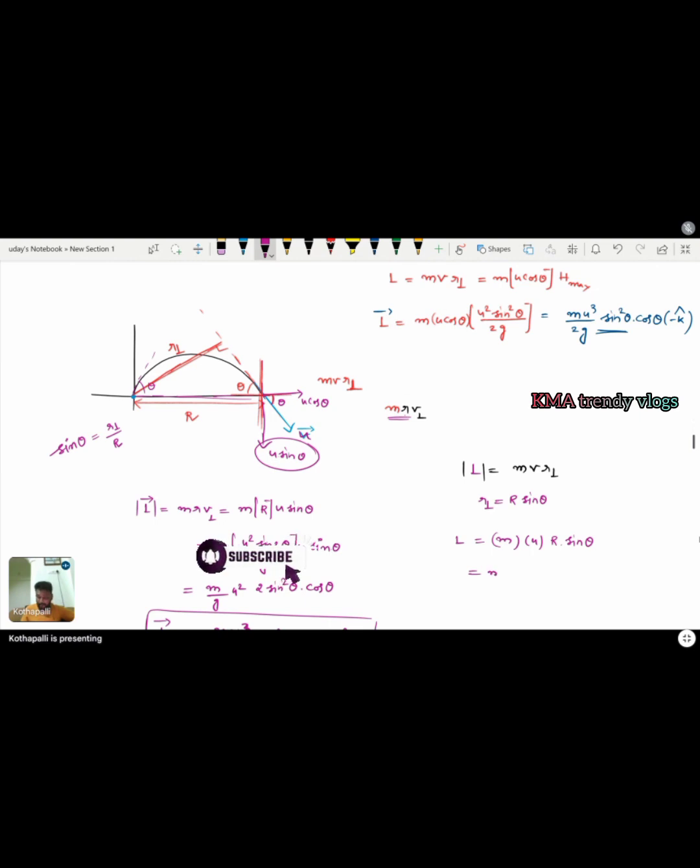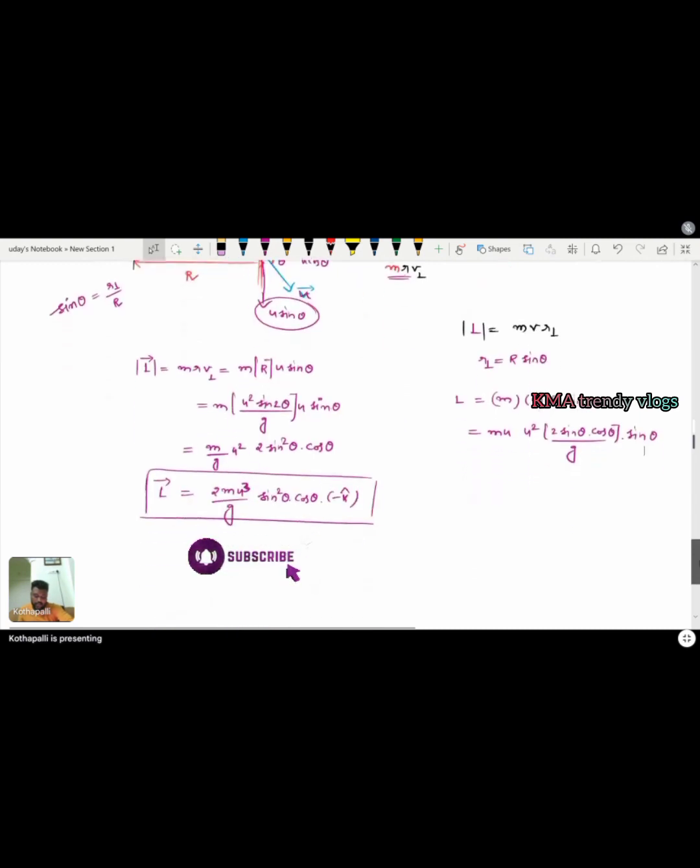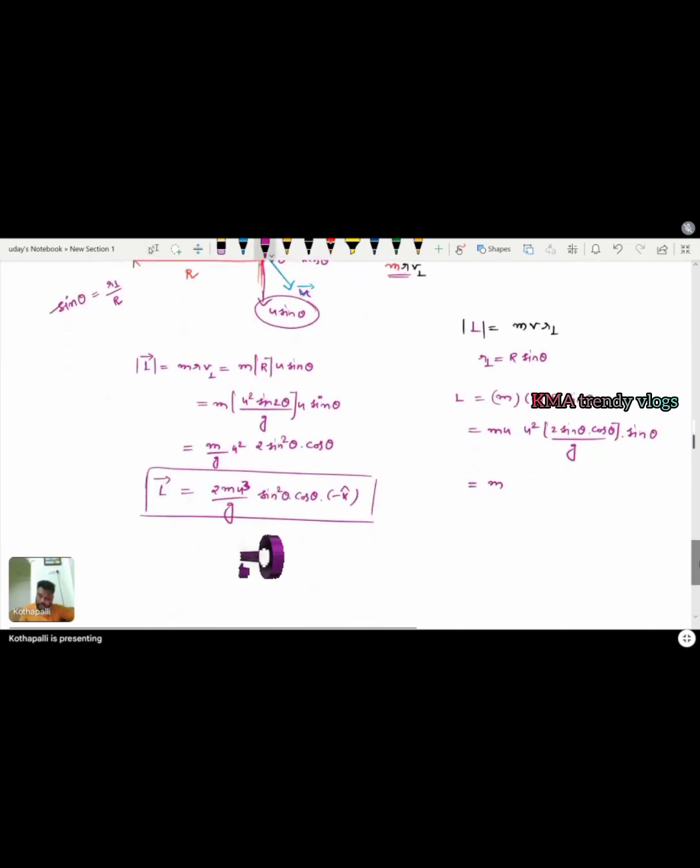Again, you can write m u, and r is u square sin 2 theta, which I am writing as 2 sin theta into cos theta by g, into sin theta. What will it be? m u into u square, u cube into 2 by g, sin square theta into cos theta, clockwise direction, minus k. Isn't it the same?